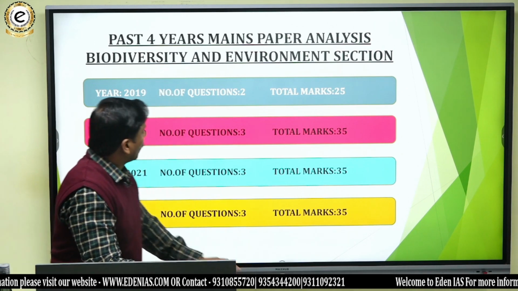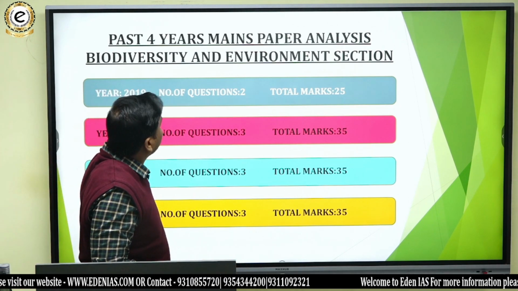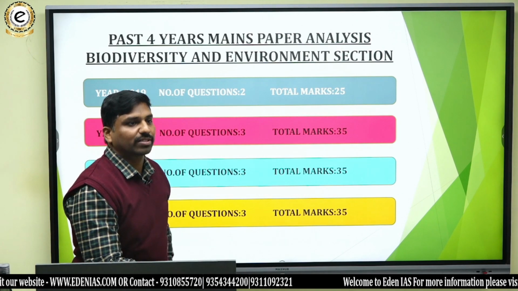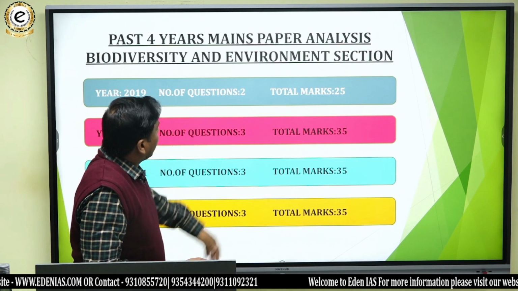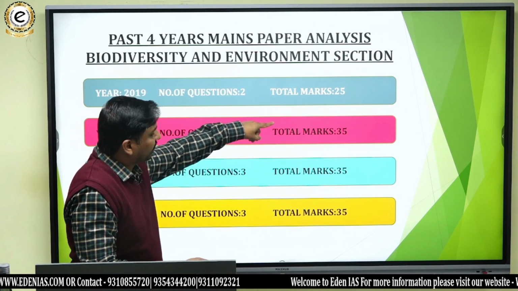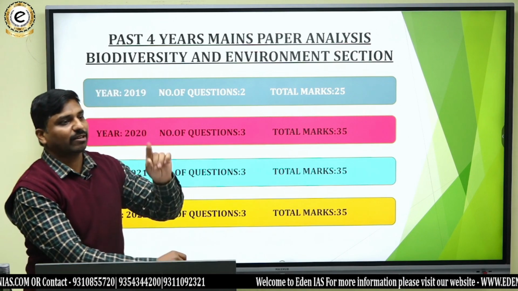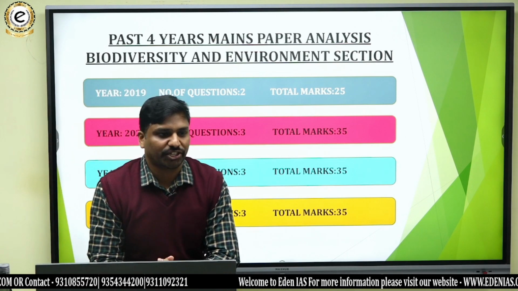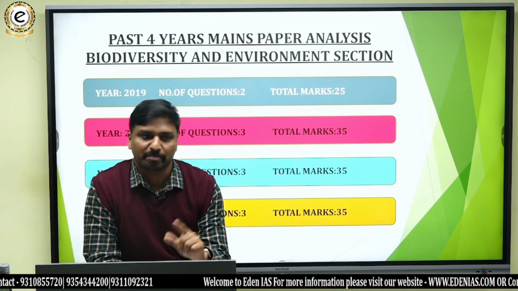If you see from the mains perspective, in 2019 we had 2 questions, 25 marks: one 15-marker and one 10-marker. And in 2020, we had 3 questions amounting to 35 marks: two 10-markers and one 15-marker. So this is how questions have been asked in prelims as well as mains.